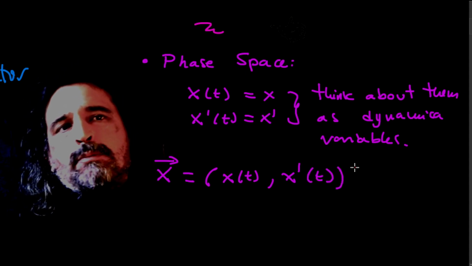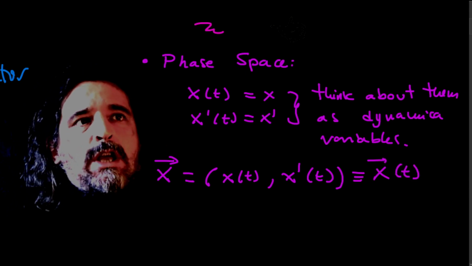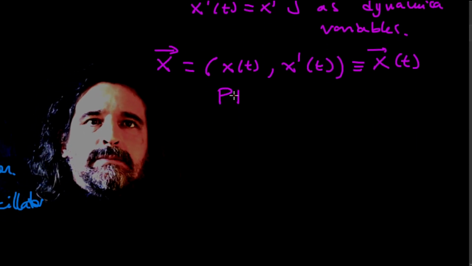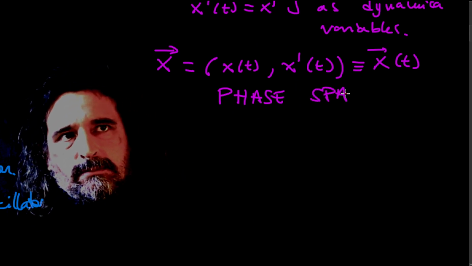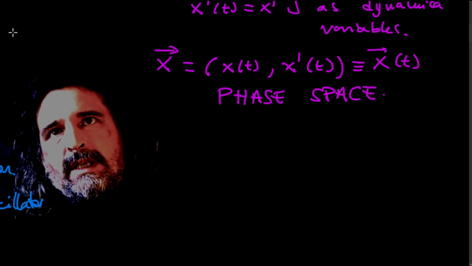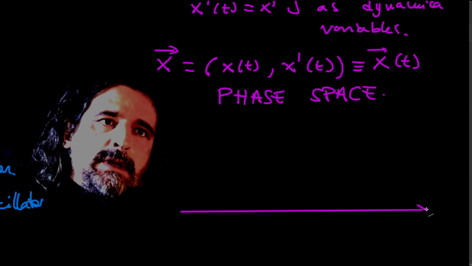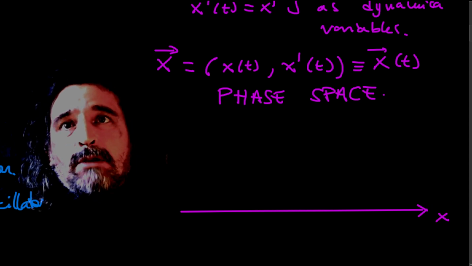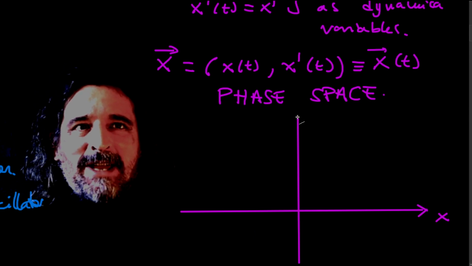And that vector or that point is a function of time. So now you are imagining a new space. We are gonna call it phase space. It's a two-dimensional space for the harmonic oscillator. The x-axis is x indeed, but the y-axis is not y, it is x prime.